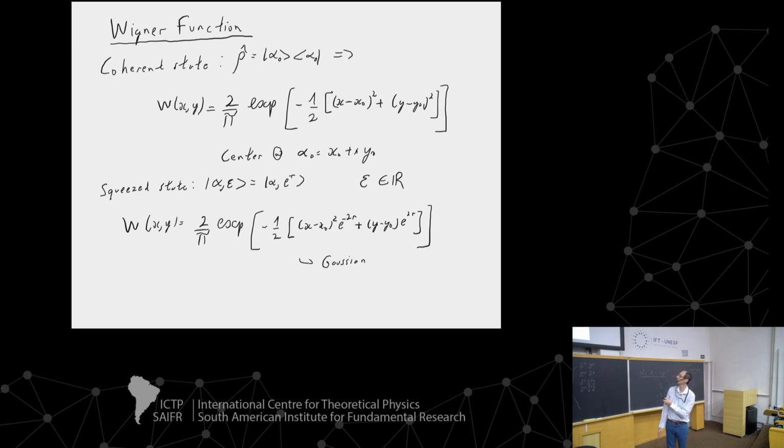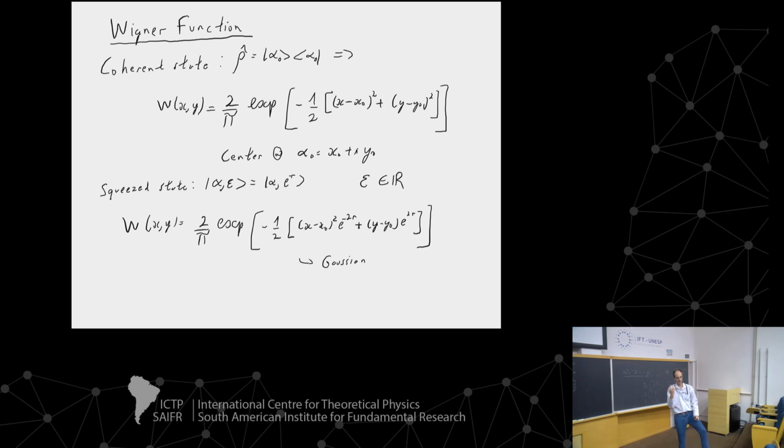That will be equivalent to that operation of squeezing and displacing the state. And what you see will be, once again, a Gaussian distribution. But since one of the quadratures of it is narrower than the one of a coherent state, we can say that's a state of non-classical origin, a state coming from a quantum source.